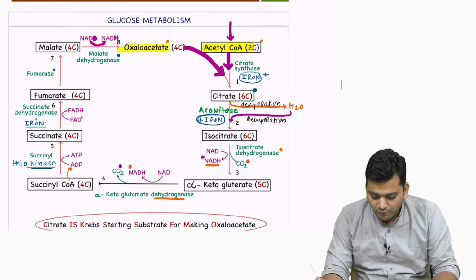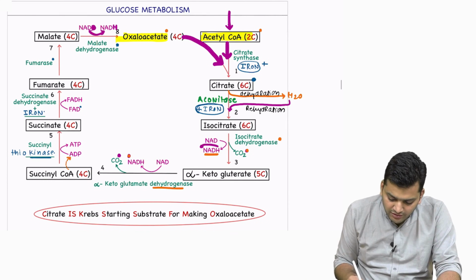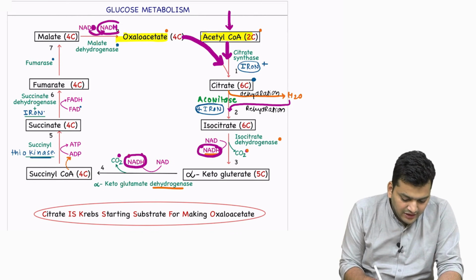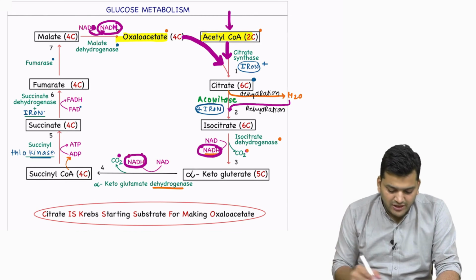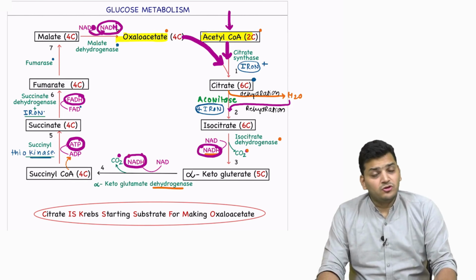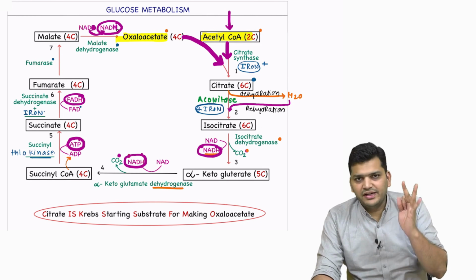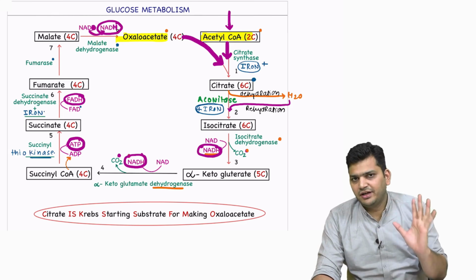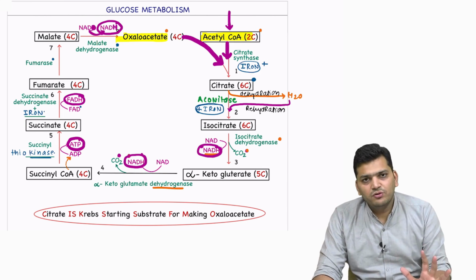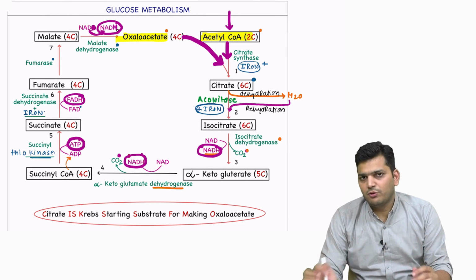In this entire process, you are going to generate 3 molecules of NADH, 1, 2 and 3. We are also going to generate 1 FADH and 1 ATP. So the total energy that we are going to generate is 3 NADH, 1 FADH and 1 ATP. This is what we generate in the Krebs cycle. Where is it going to occur? It is going to occur in the mitochondrial matrix.